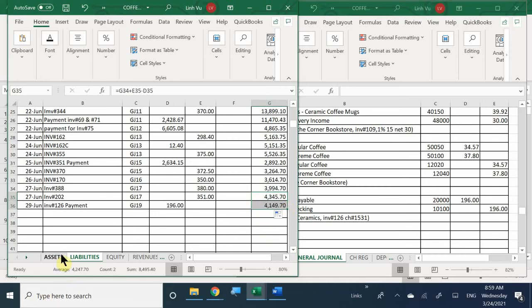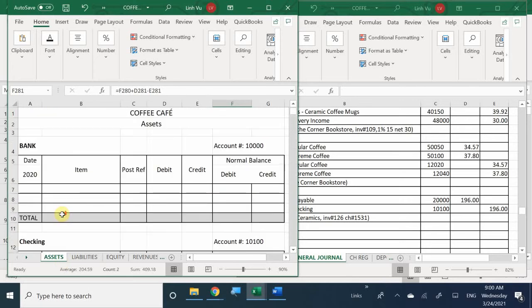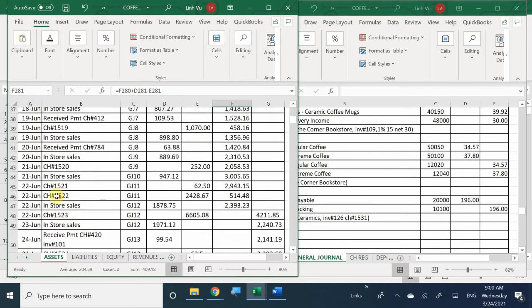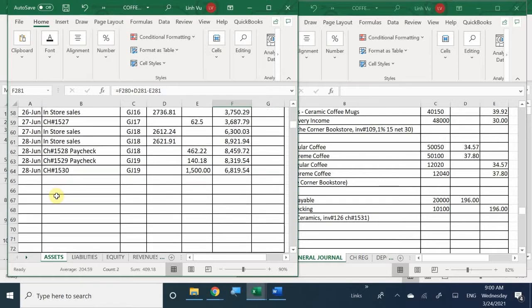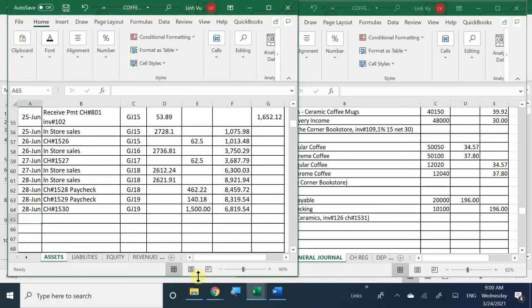Okay. Then we're going to go once again to our checking account because we need to update because we wrote a check. So here we are. It is the 29th. This is check number 1531, General Journal 19.